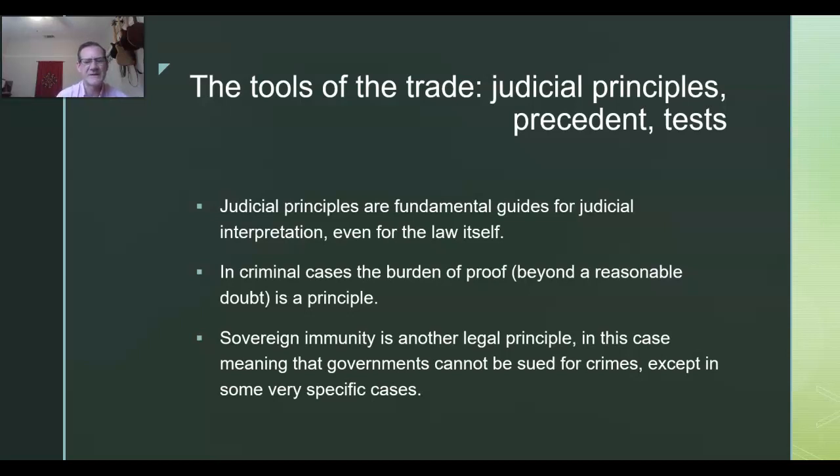Sovereign immunity is another legal principle. It means that governments, which are sovereign, okay, so sovereign means self-governing, no one outside is allowed to tell you what to do, in most cases cannot be sued for crimes. There are some exceptions here, okay?